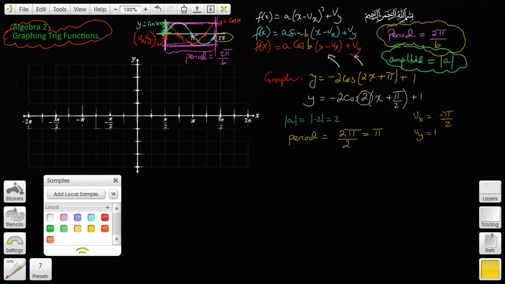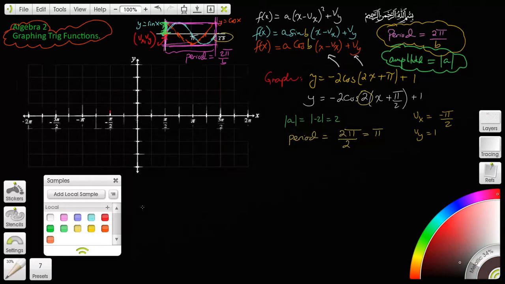So this graph, which would have started right here at the origin, is going to be moved this way thanks to the horizontal shift. Okay, so this is a cosine graph that would start over here. It's going to start right there. So if you allow me, I'm going to put in my box first, okay?